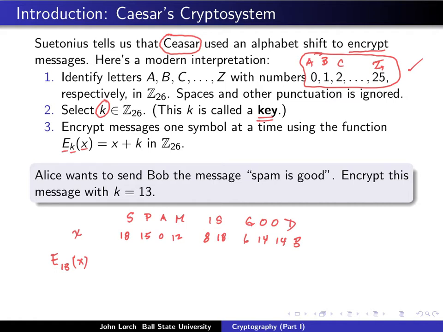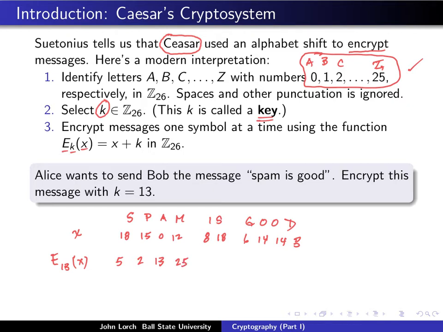Because if I take 31 divided by 26, the remainder is going to be 5. Okay, so I get 5 there. 15 plus 13 is 28, which is really 2 inside of Z26. 0 plus 13 is just 13. 12 plus 13 is 25.